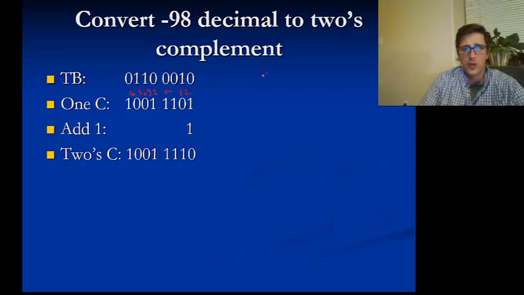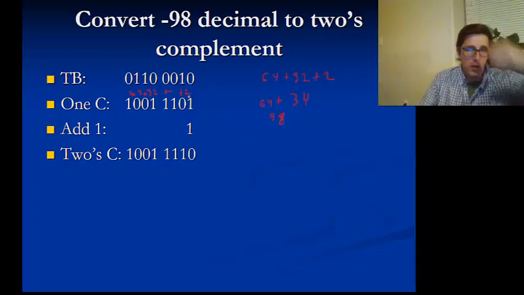So 64 plus 32 plus 2: 32 plus 2 is 34, plus 64 is 98. So that is correct.